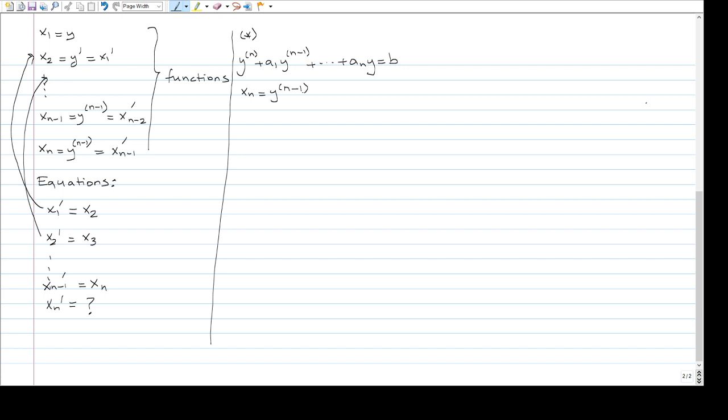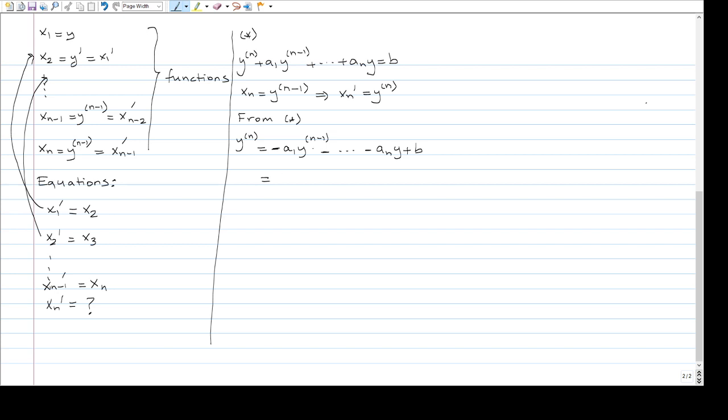N minus first derivative. So the derivative of xn is going to be the nth derivative of y. And from equation star, the nth derivative of y is equal to, let's take all these terms with a's to the other side, minus a1 times the n minus first derivative, minus, we go up to minus an times y, plus the function b.